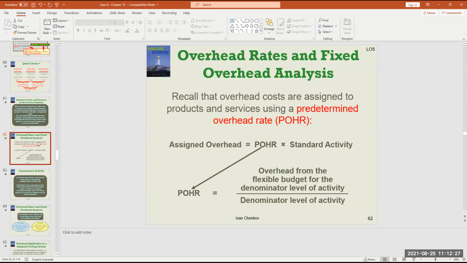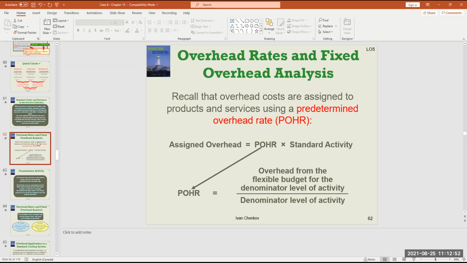Well, in order to do that, we have to go back a little bit and remember how the manufacturing overhead rate was calculated. As you already remember from job costing, in the beginning of the period, we don't have the manufacturing overhead rate. So we have to come up with some estimation and a way to apply manufacturing overhead during the period.